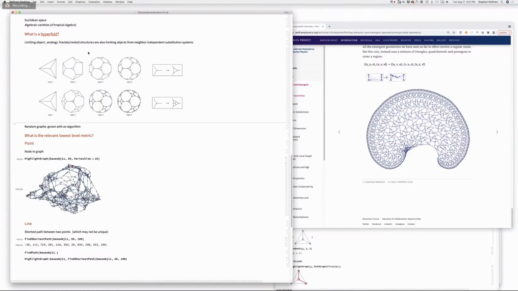Makes sense? Okay, so what we're seeing is a different kind of limiting object that does not have this neighbor independence property. In the case of the spatial hypergraphs, we are effectively building something like a neighbor-dependent substitution system, except that those things have this whole multi-computational feature.